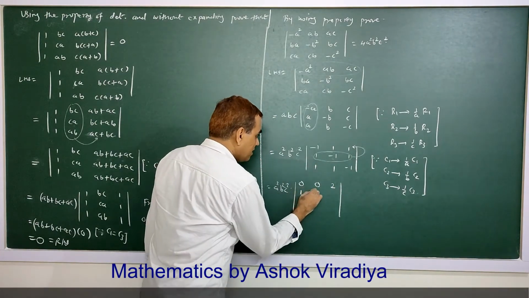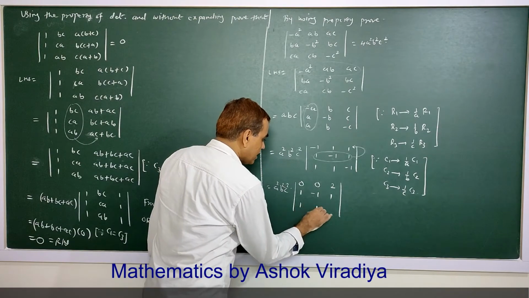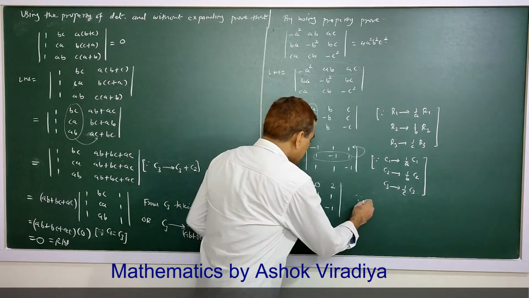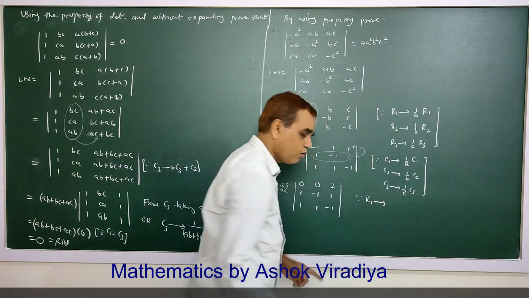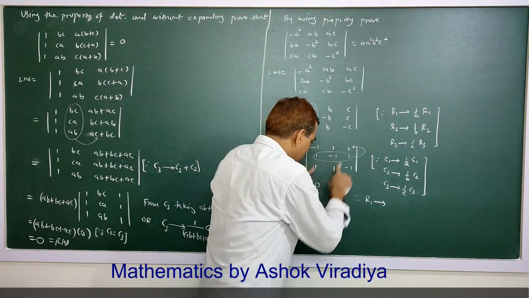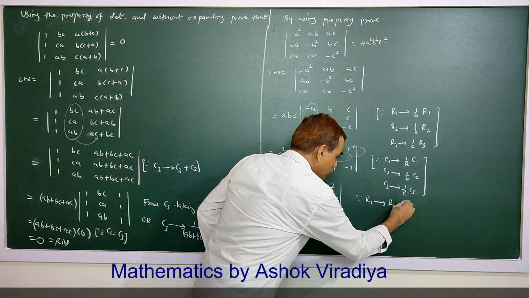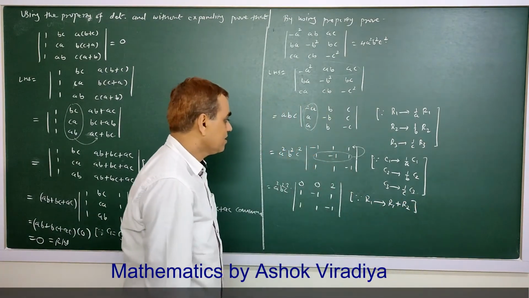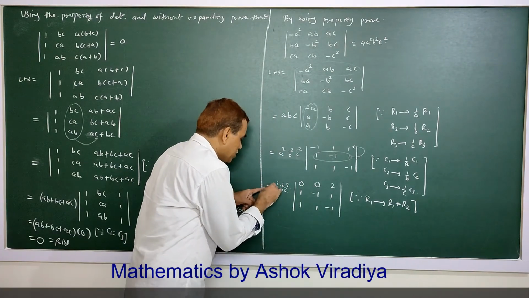Here 1, minus 1, 1; 1, 1, minus 1. So here what is done? Change is in first row. In first row, second row is added. So value remains unchanged.